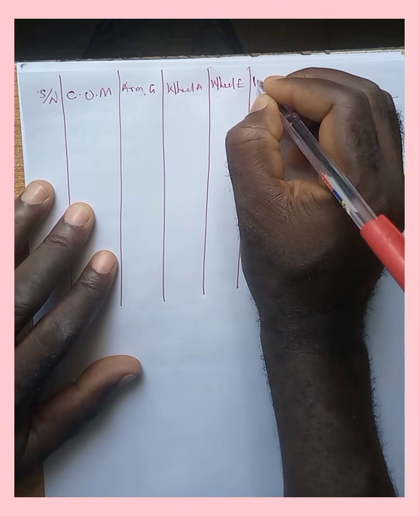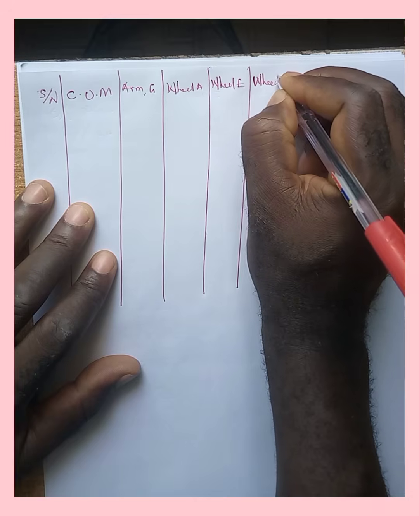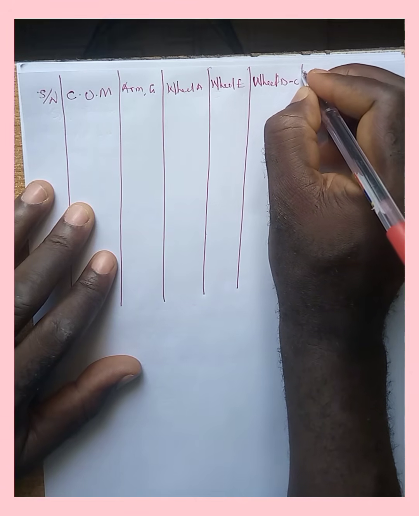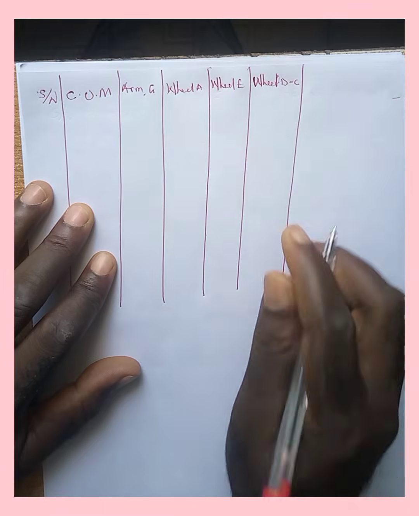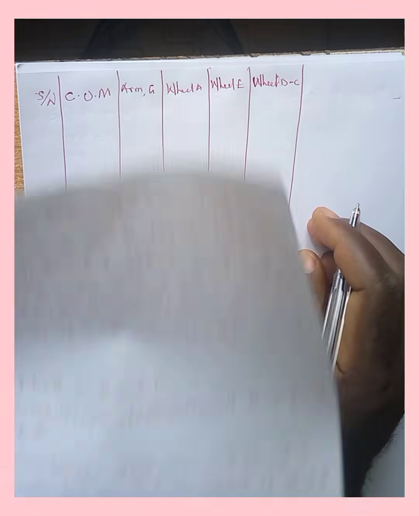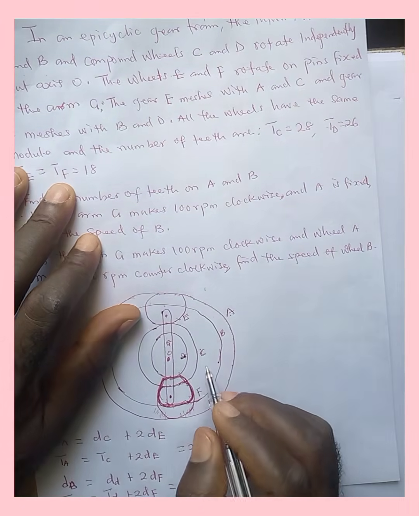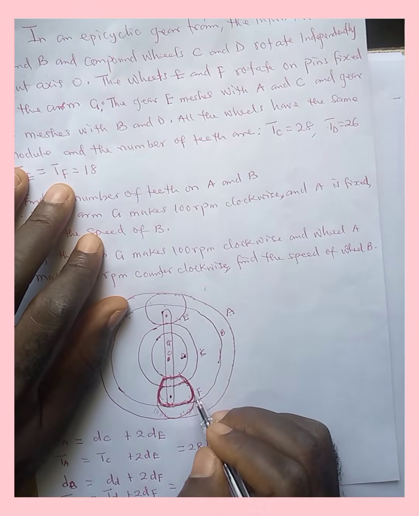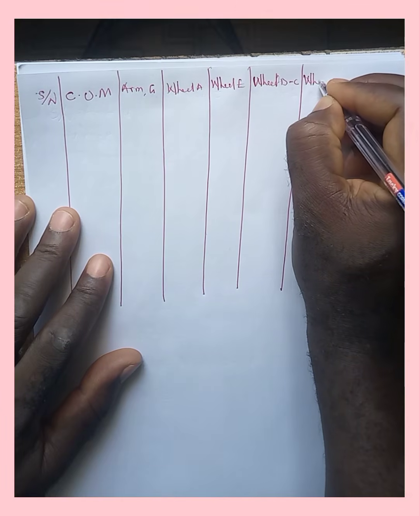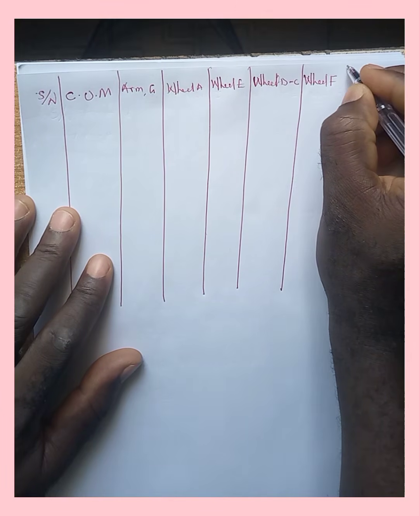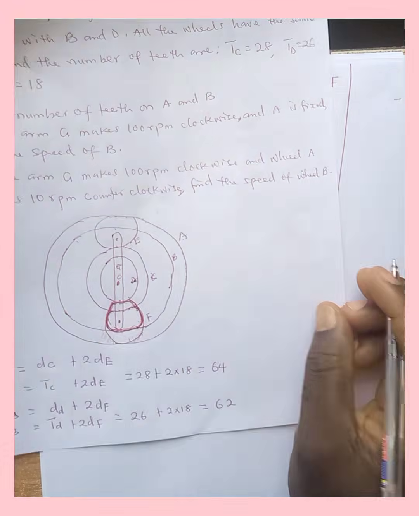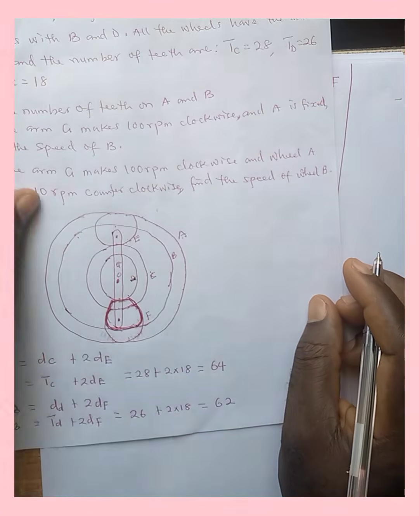So we talk about compound wheel DC. Then after DC, this D will drive F. Then we have wheel F. And then finally, we see that F will drive B.